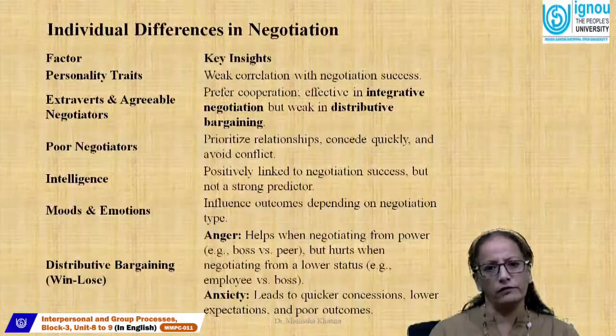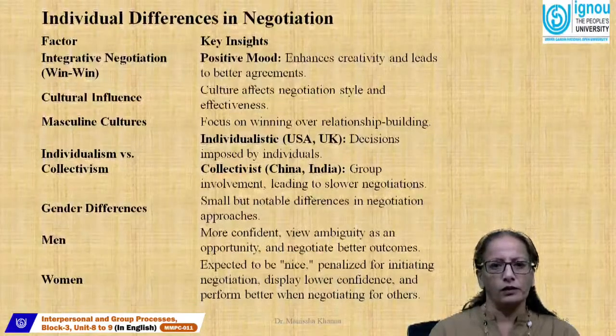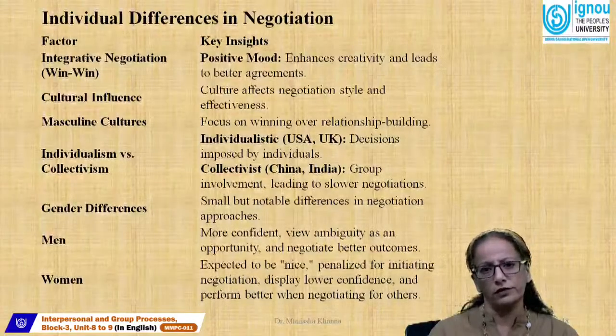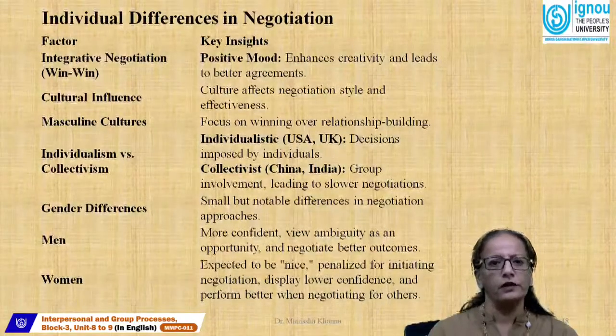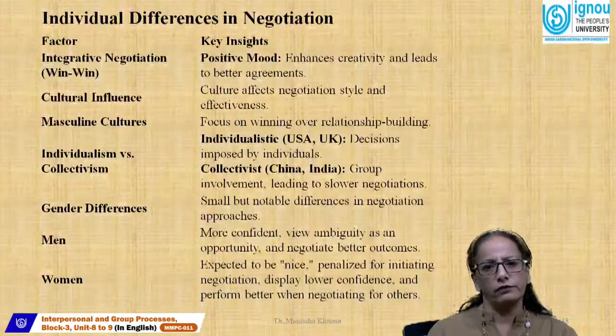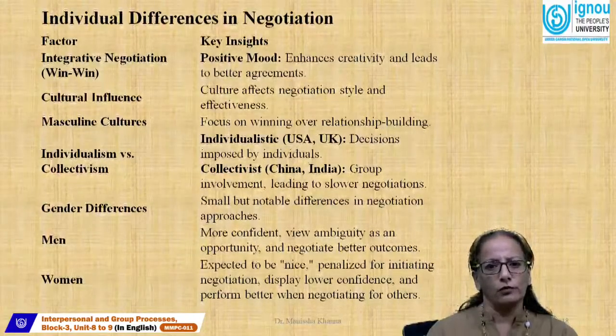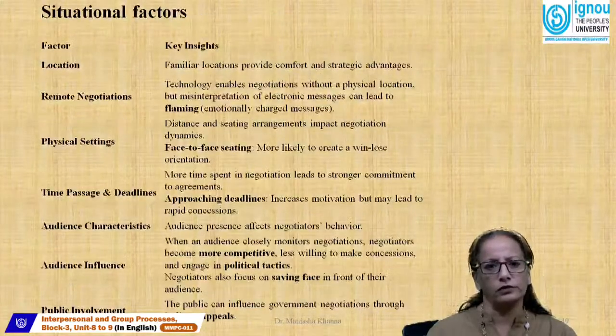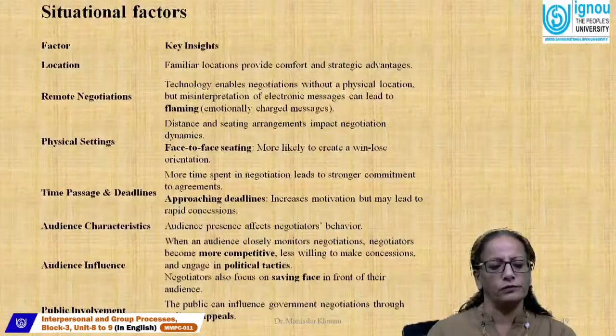distributive bargaining with law. The other differences are based on gender, that is, based on collective culture, or maybe the climate influence, or even the masculine cultures. Situational factors can be on the basis of location, deadlines, or the characteristics of an organization and all.